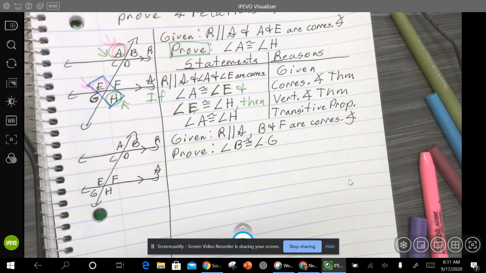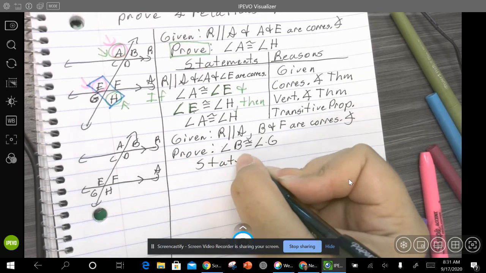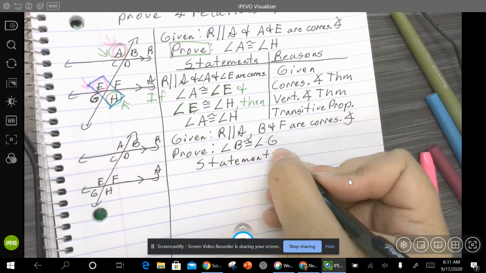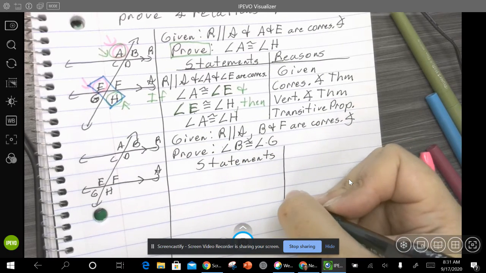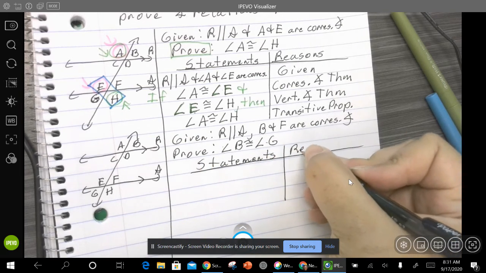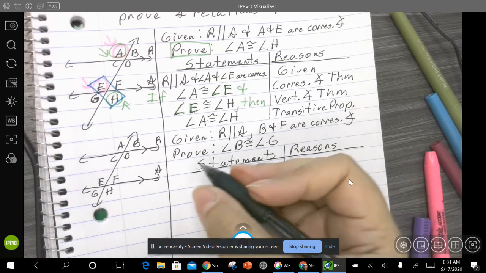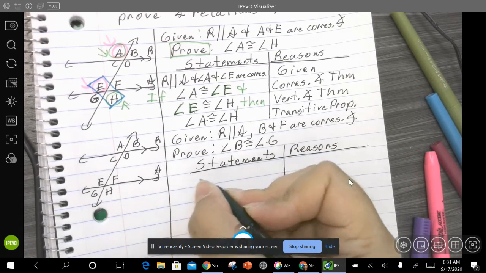Okay, so statements and reasons again. Okay, so we're going to prove. So we're going to write down our givens.